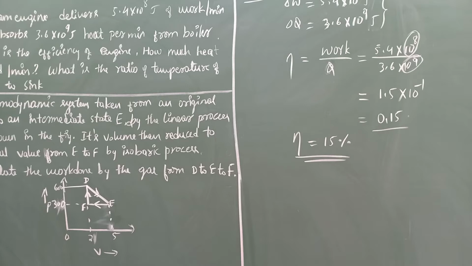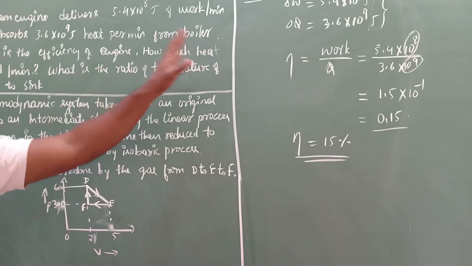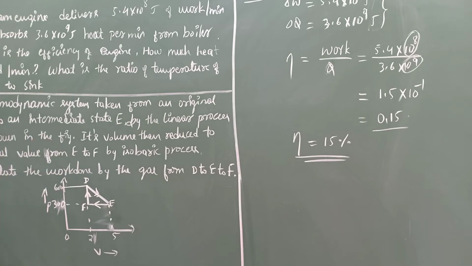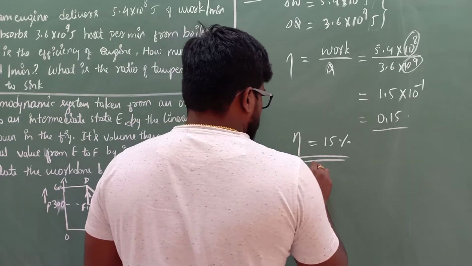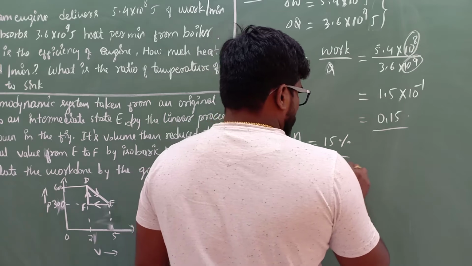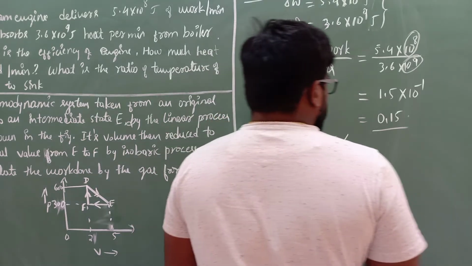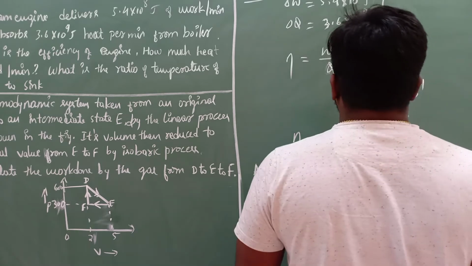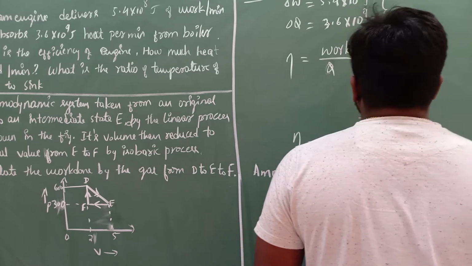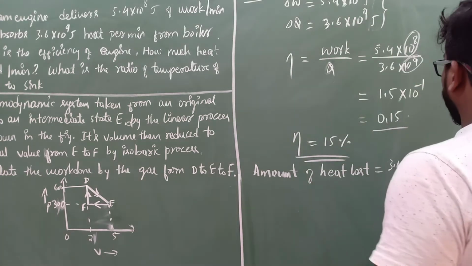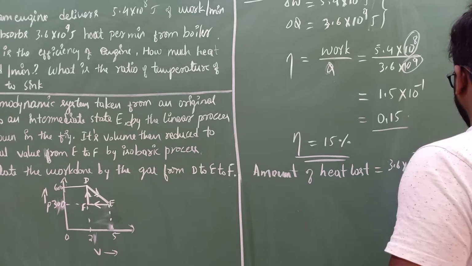That means the amount of heat lost, which is given by the amount of heat absorbed minus the amount of work done. The amount of heat lost equals the total amount of heat given to the system, 3.6 into 10 power 9, minus the amount of work done, 5.4 into 10 power 8.